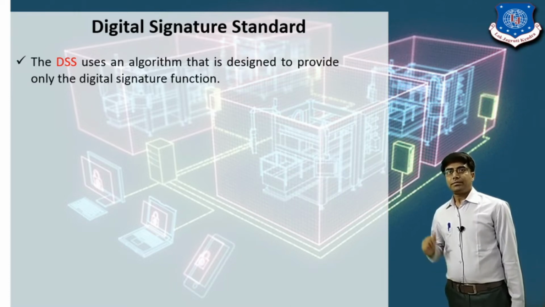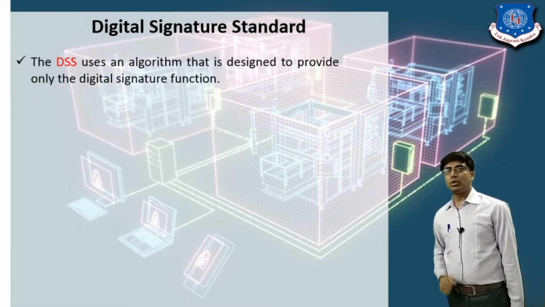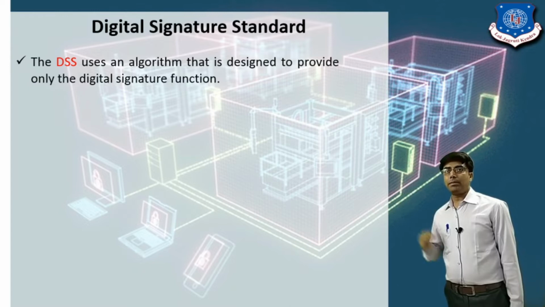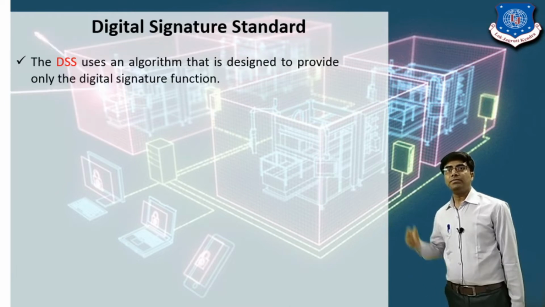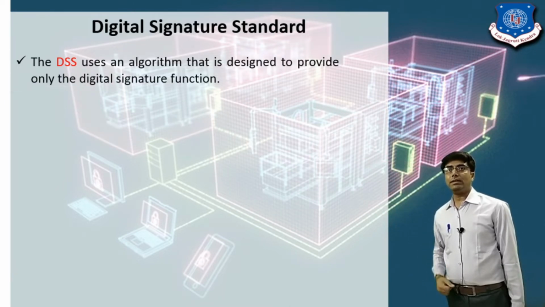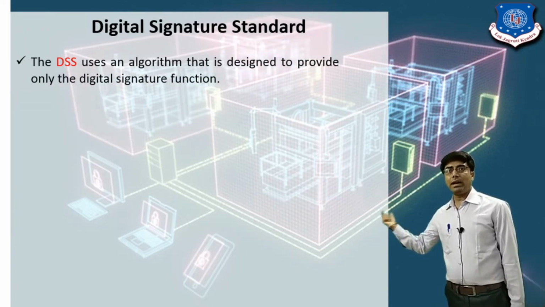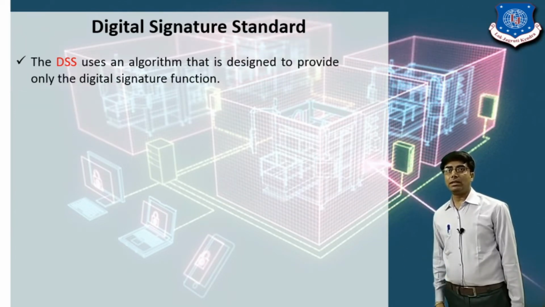There are different types of algorithms to authenticate the sender. There are two approaches for the digital signature standard. The first is RSA, the second is DSS. The DSS, digital signature standard, uses an algorithm that is designed to provide only the digital signature function.